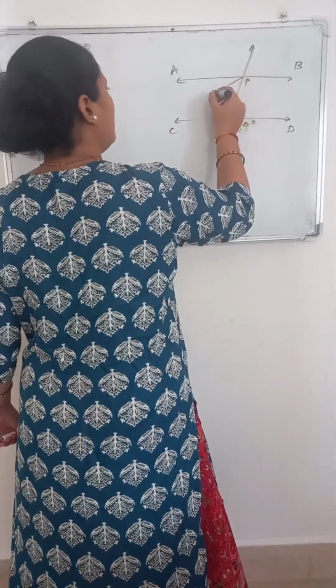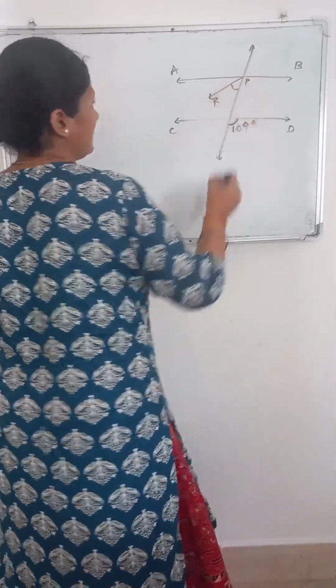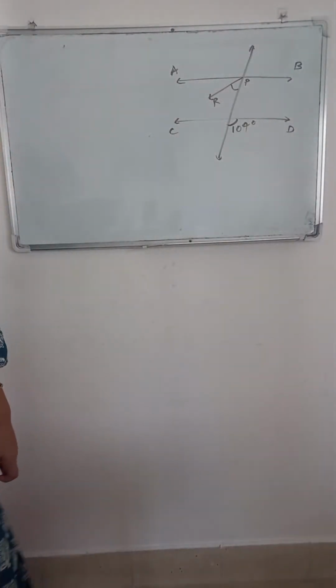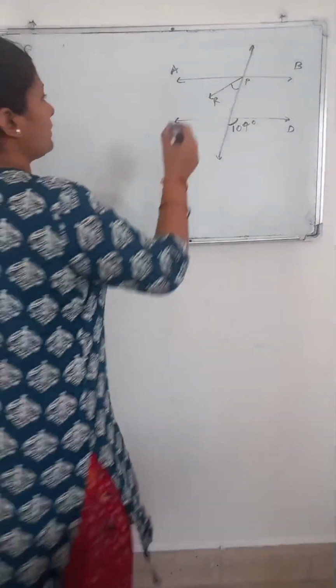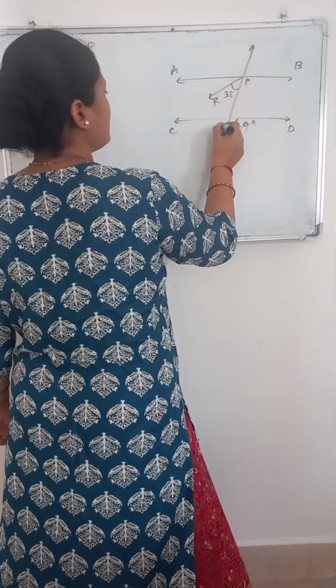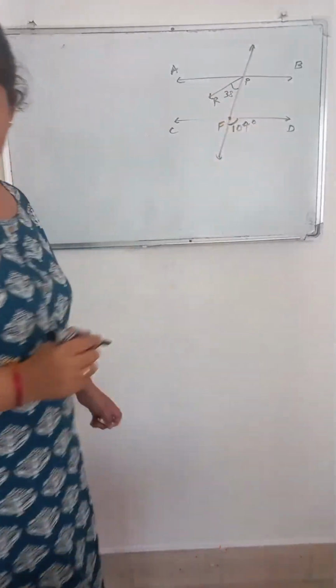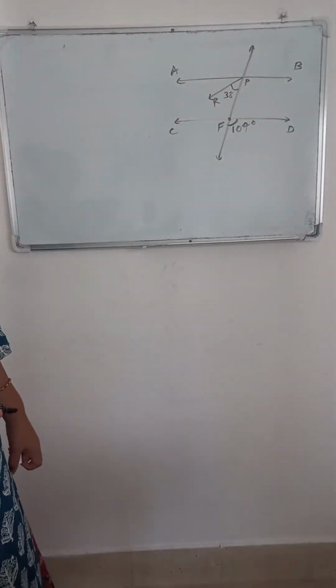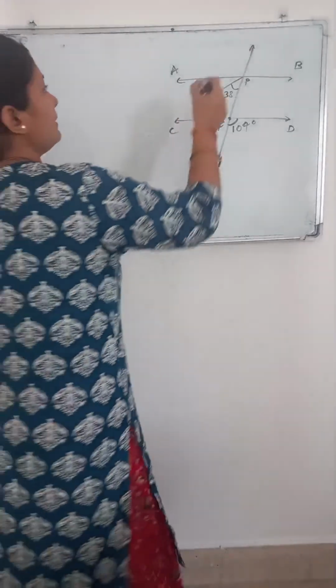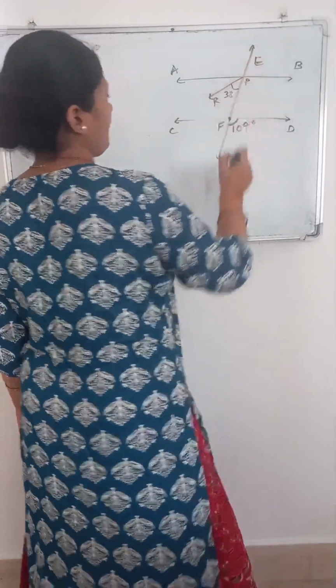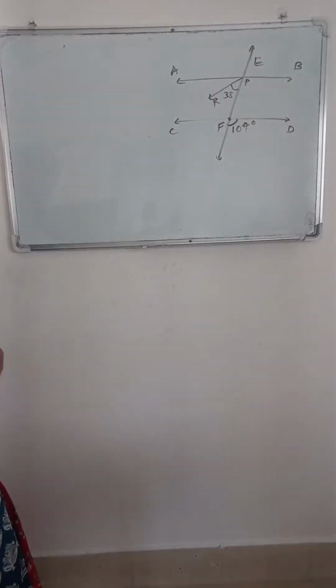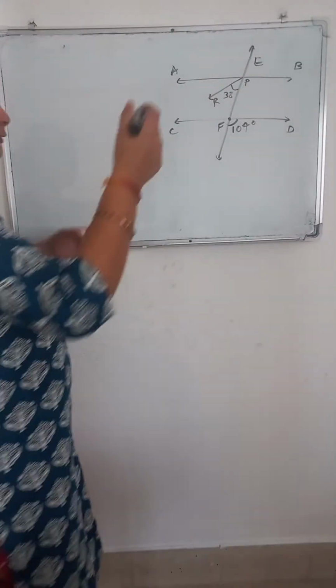This is P and this is R, and this angle is given as how much? 38. This is a point F. Then this is E. Okay, so this is the figure given, and we have to prove that AB is parallel to CD.